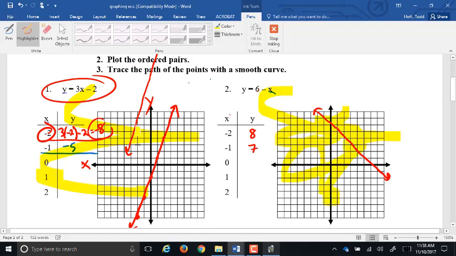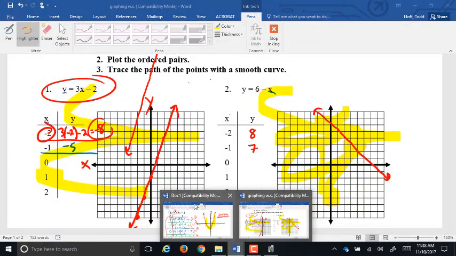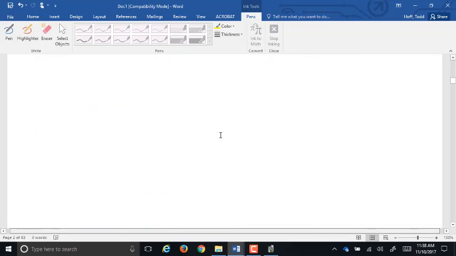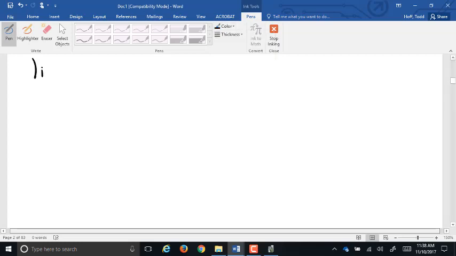So the question I ask you is this. So we said numbers 1, 2, 5, and 10 made lines.